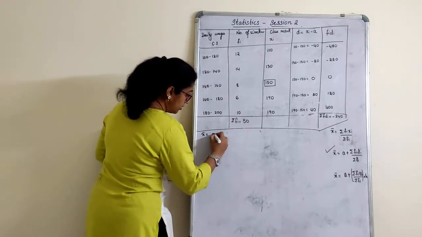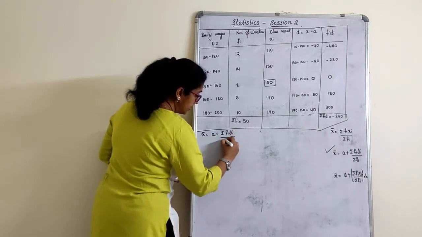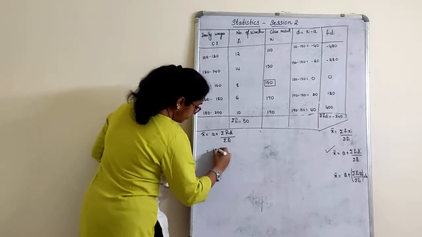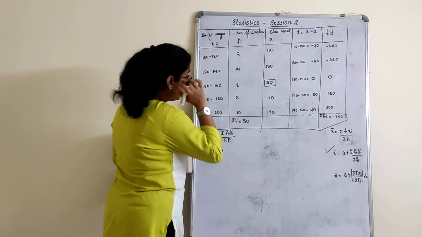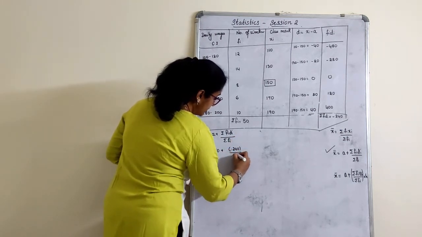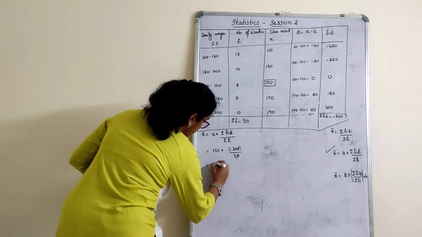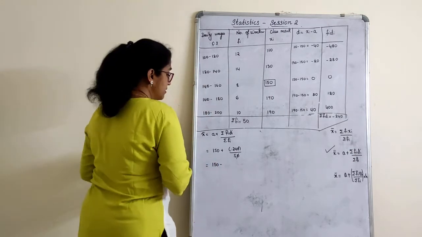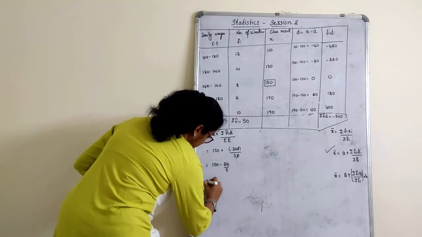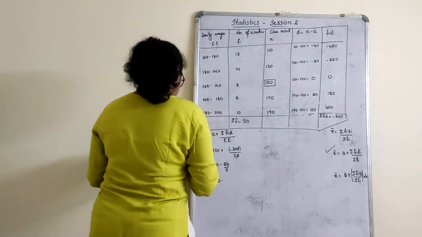Mean is equal to A plus sigma Fi di upon sigma Fi. 150 plus sigma Fi di, which is minus 240, divided by 50. 0 and 0 cancelled. 150 minus 24 by 5.